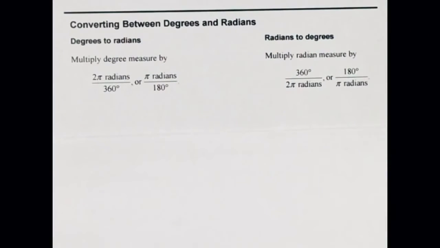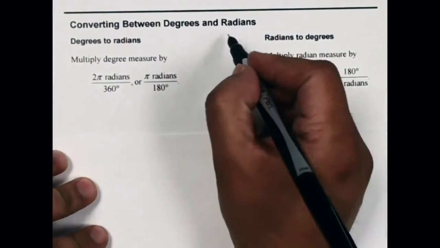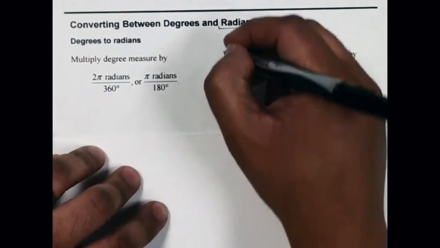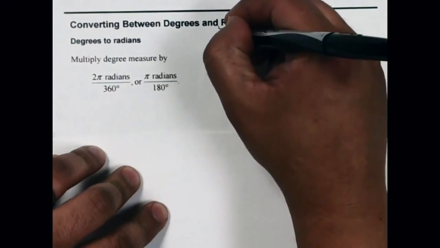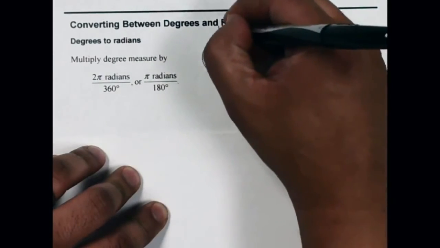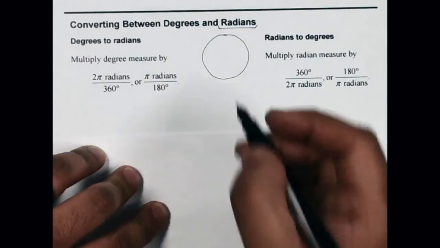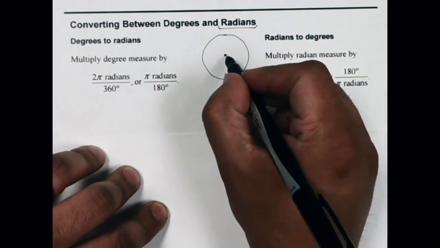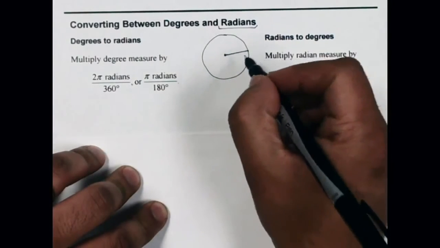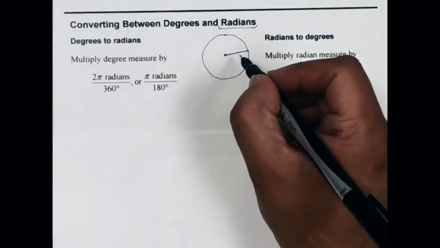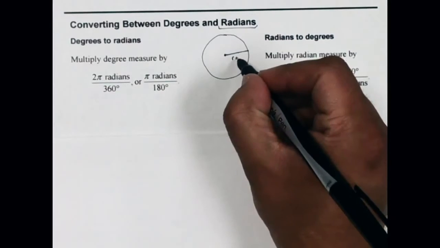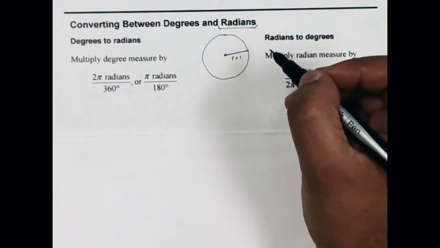Okay, now we're going to talk about what is called a radian. Now, a radian is based off of what's called a unit circle, or just the simplest whole number that we can think of for the radius. So the simplest whole number, or integer, that we could use would be to have a radius of 1 unit.